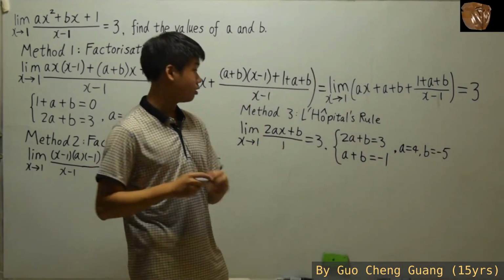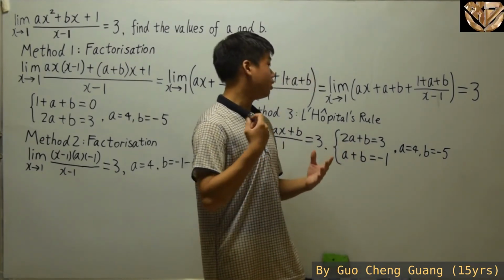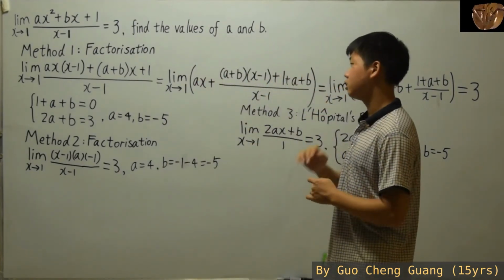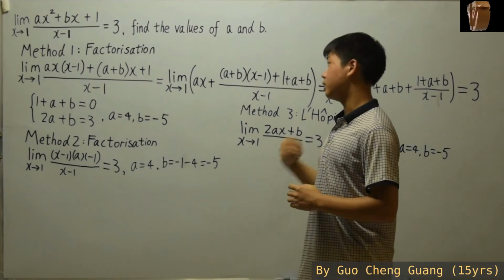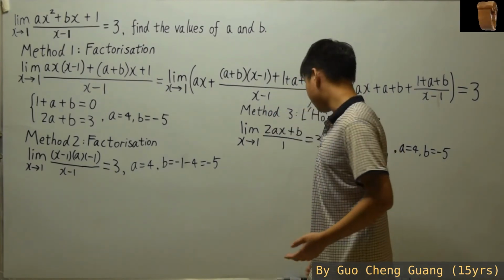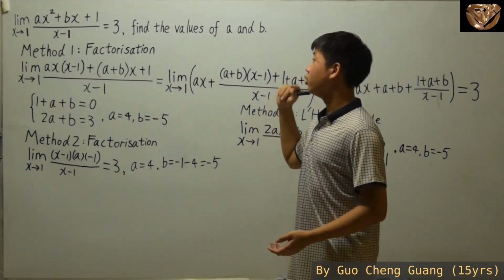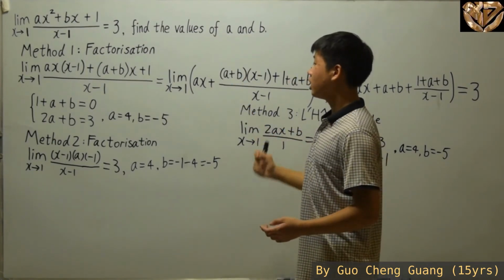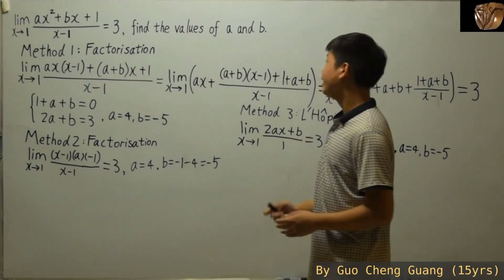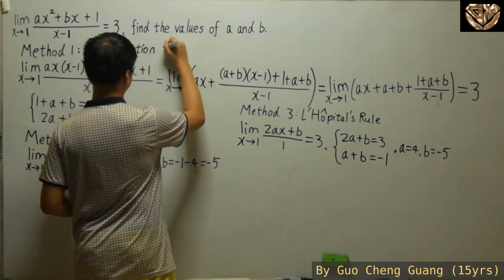Alright, so once again we have solved for a and b for this limit, that a is 4 and b is negative 5, where you see that this answer is constant throughout our three methods. Alright, so let's take a recap of what methods we have just used. So method 1, your factorization, where you took whatever numerator you have, trying to make some kind of x minus 1 term up there, and keep taking them out of the fraction, which is also partial fractions.